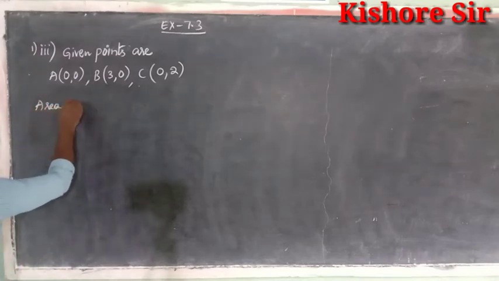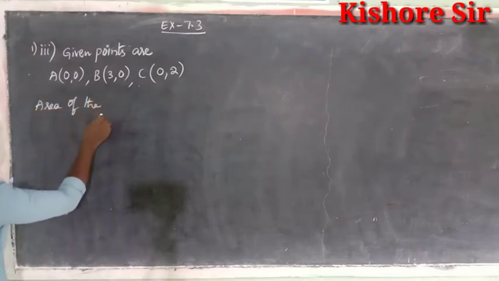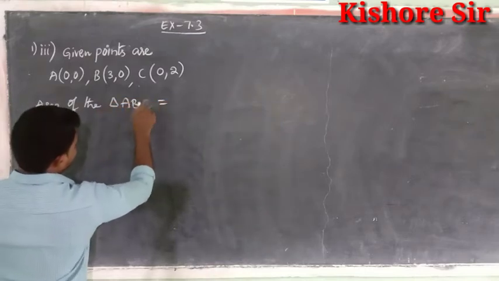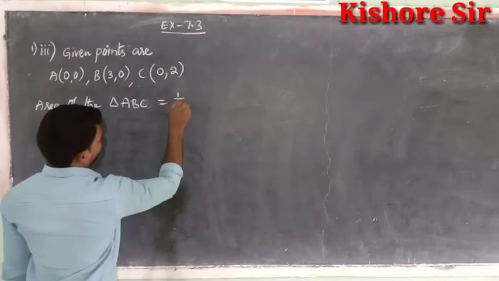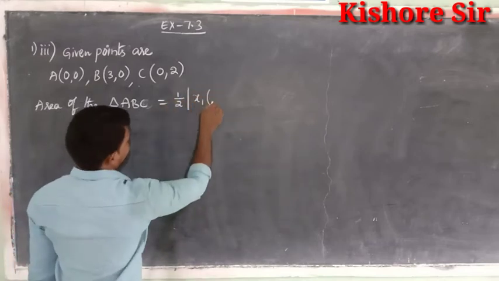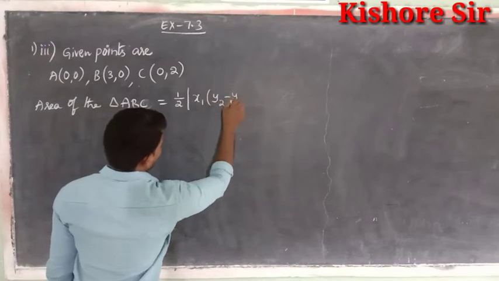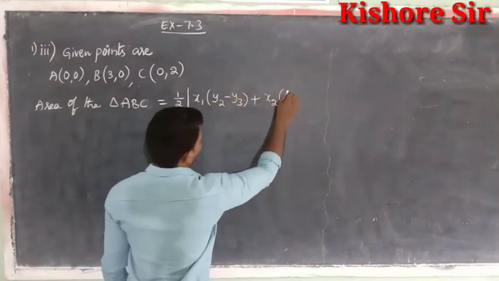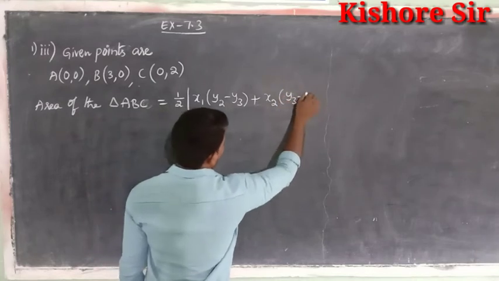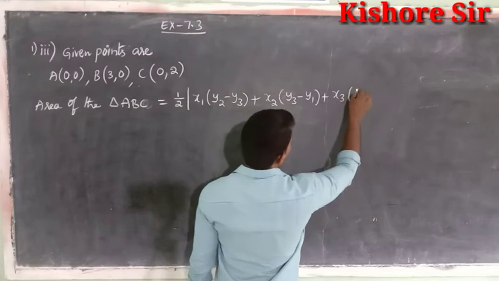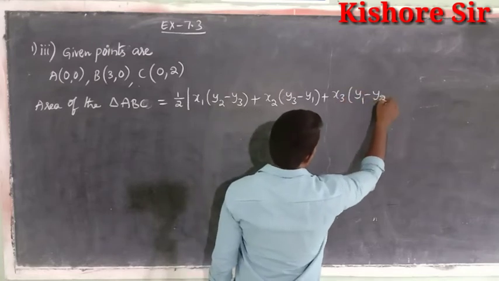So the area of the triangle ABC is equal to, the formula is, 1 by 2 modulus x1 into (y2 minus y3) plus x2 into (y3 minus y1) plus x3 into (y1 minus y2).